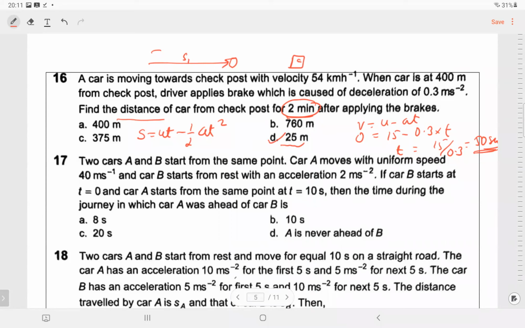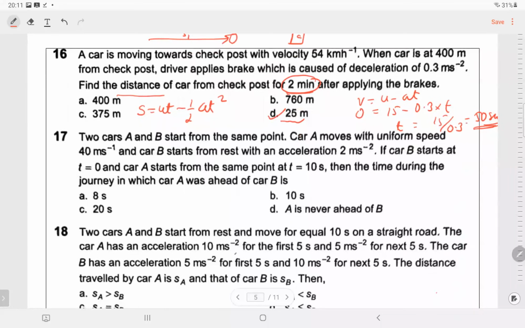Okay, so now question number 17. Two cars A and B start from the same point. Car A moves with uniform speed and car B starts from rest.